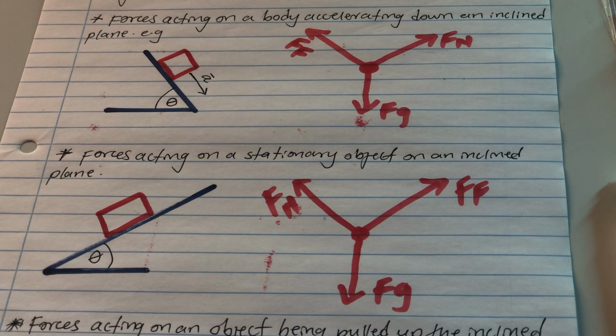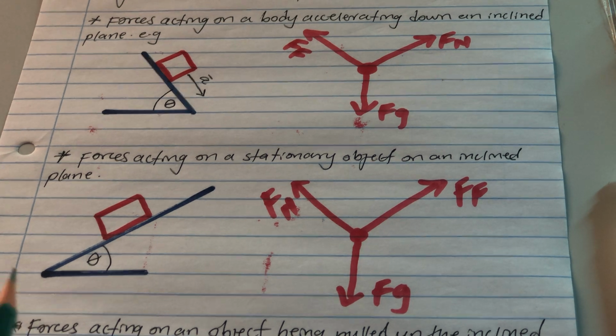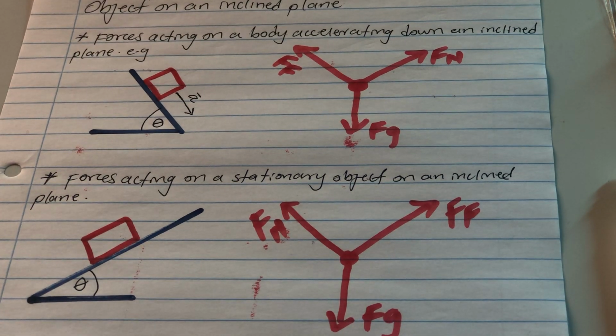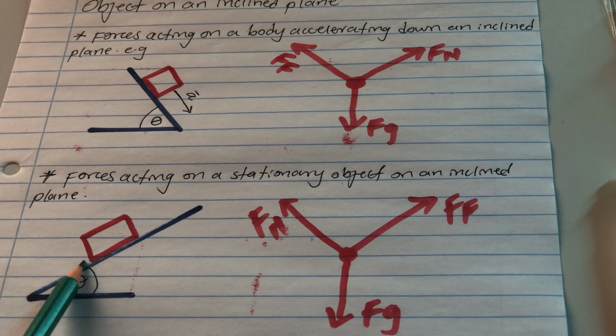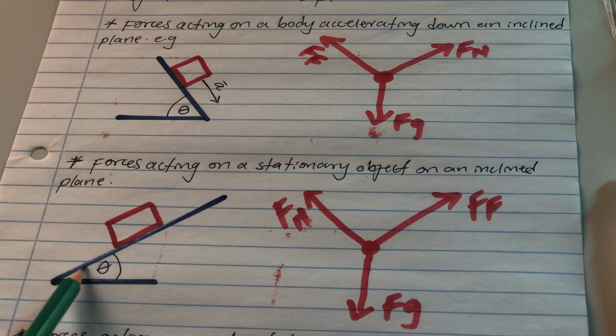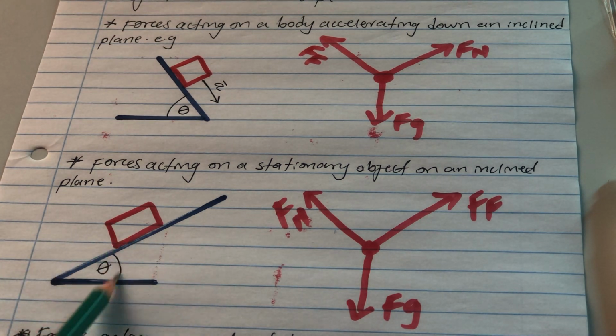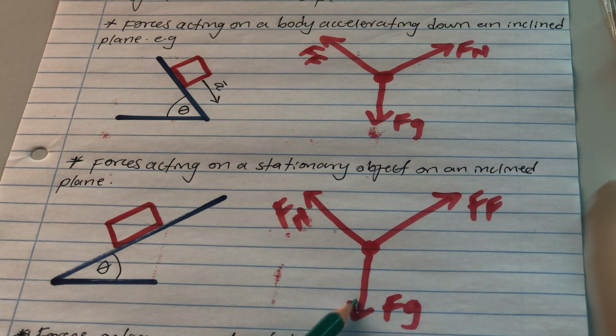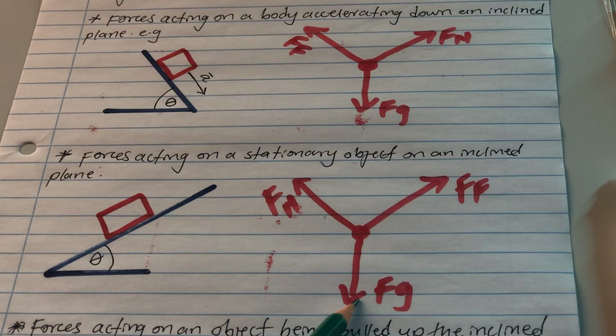Another example of an object which is on an inclined plane. This time we are told that we must show the forces acting on a stationary object on an inclined plane. This object is not moving, it is stationary. How do I show the forces that are acting on this object? Fg will always point vertically downwards.